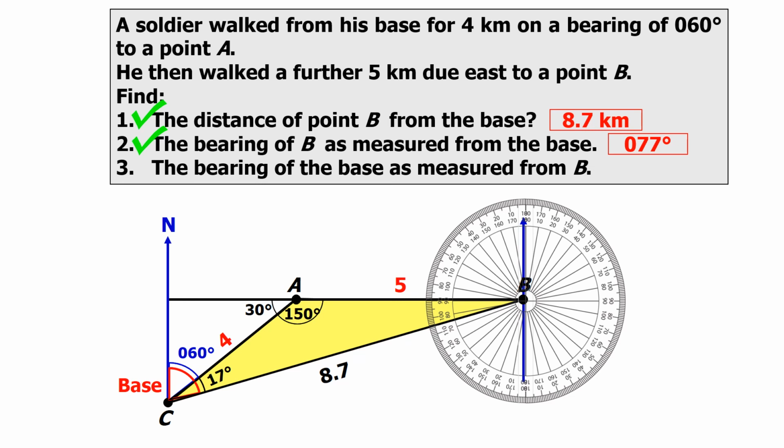Alright, so without measuring, we could have figured out those angles using the property of alternate angles, and we know that alternate angles are equal. So by our calculations, the bearing of the base as measured from B is going to be 77 degrees plus 180 degrees, which is 257 degrees.